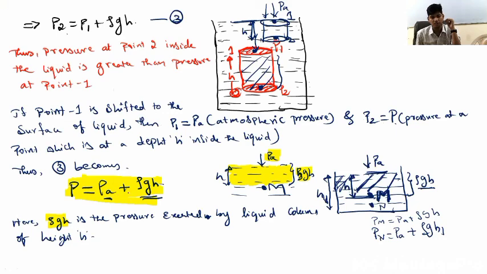P is the sum of atmospheric pressure and pressure exerted by the liquid column. This P is what we call absolute pressure. P is called absolute pressure. What is absolute pressure? Absolute pressure is the sum of atmospheric pressure and the pressure exerted by the liquid column.